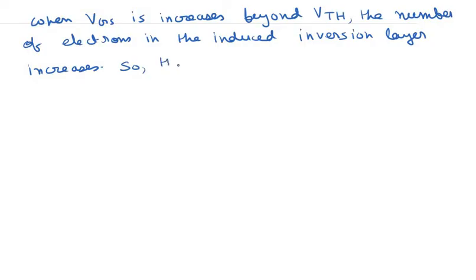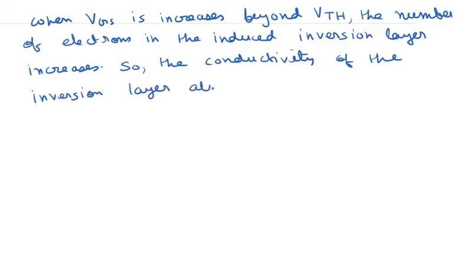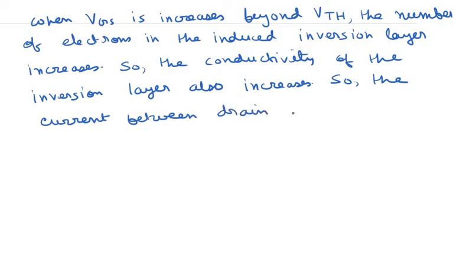So the conductivity of the inversion layer also increases. So the current between drain and source increases with increase in VGS.